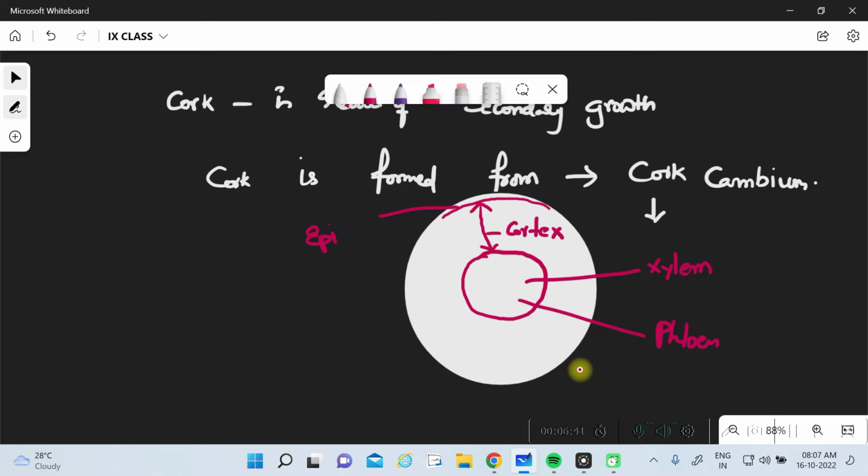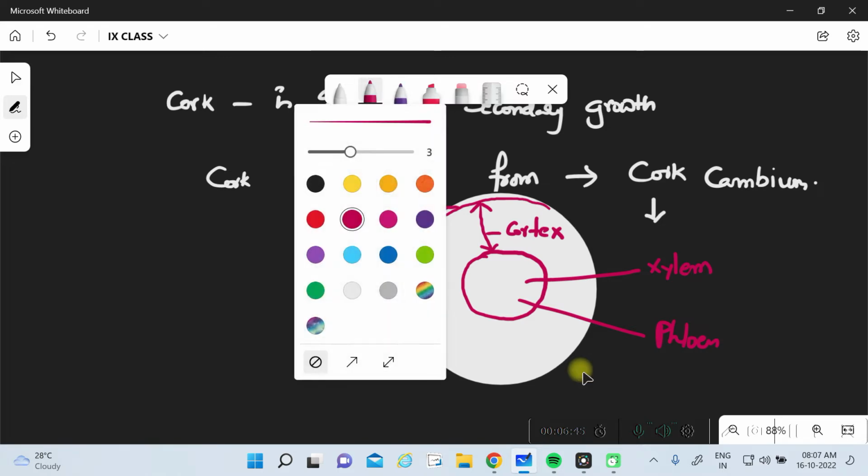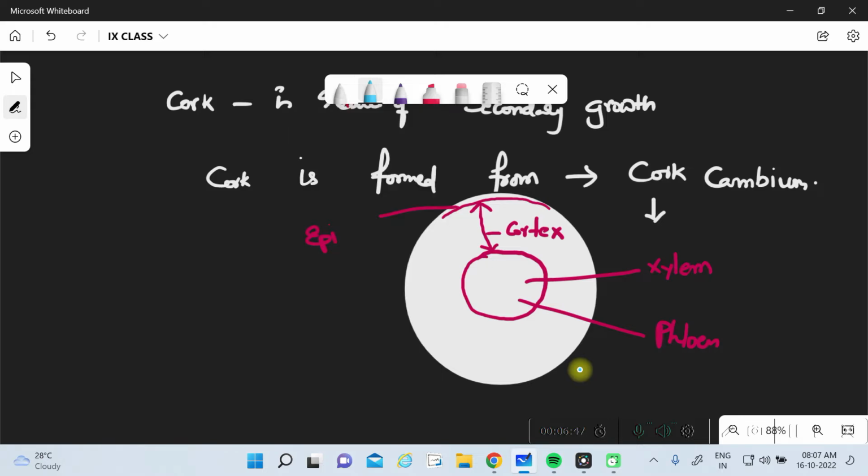Now, some of the cells in the cortex region, like I am drawing, these are the cells in the cortex region, which form cork cambium.